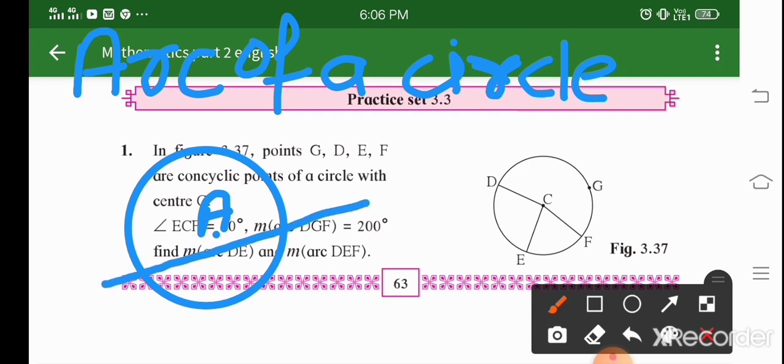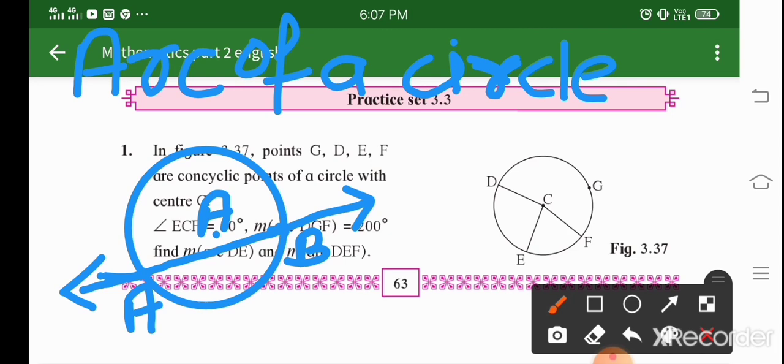As you know, when a line intersects a circle, that line is known as a secant. Let's suppose this line intersects at two distinct points, A and B. Can you see this circle is divided into two parts?